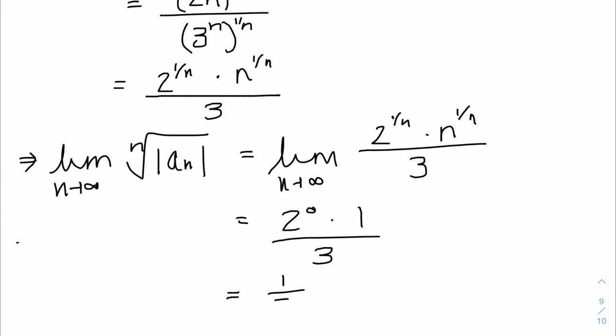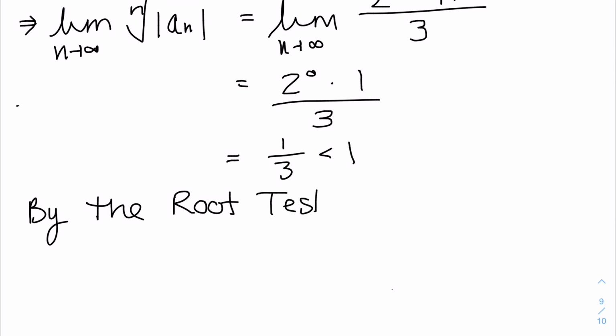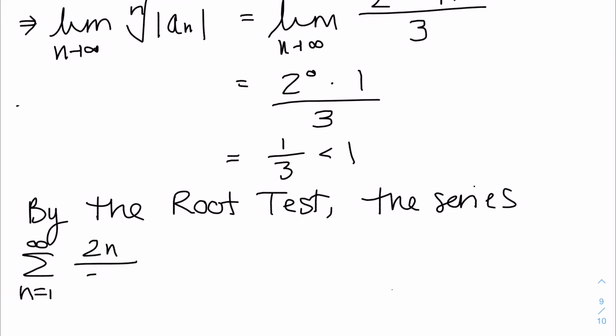So this limit is 1/3, which is definitely less than 1. So we can say by the root test, the series, which is the sum from n equals 1 to infinity of 2 to the n over 3 to the n, is absolutely convergent.